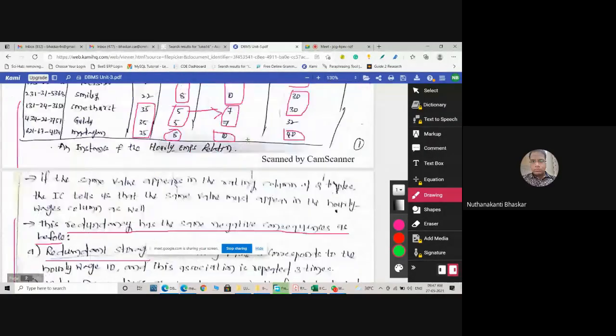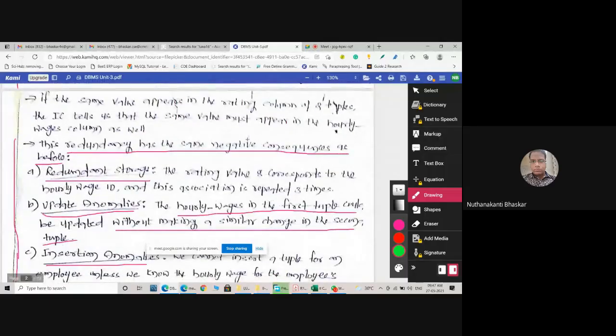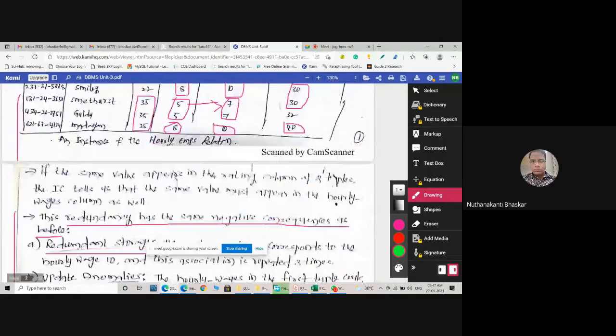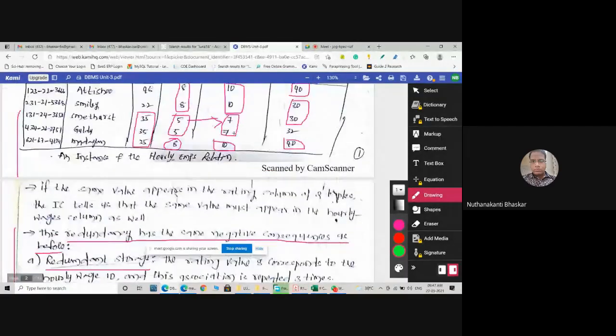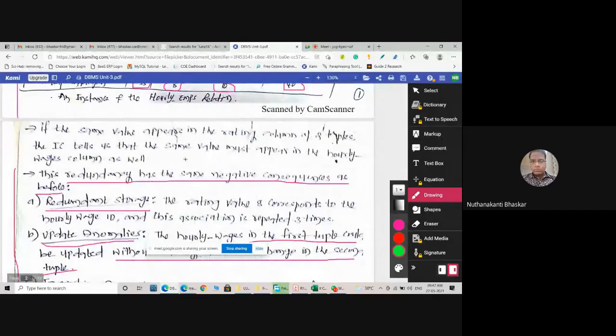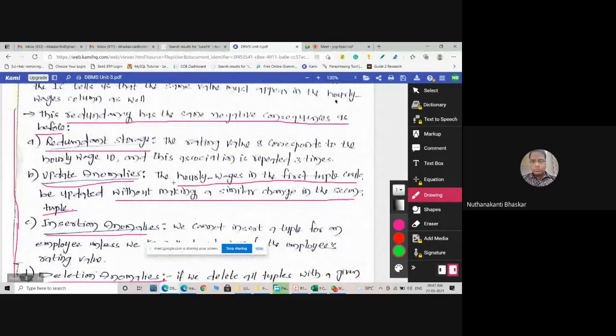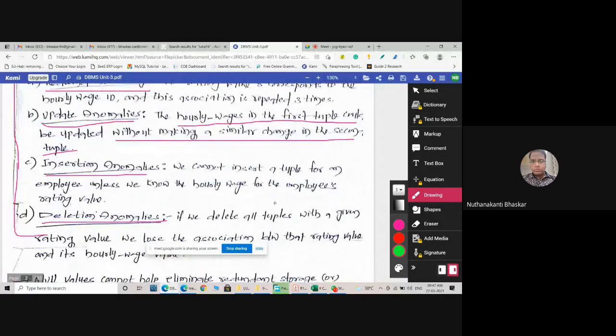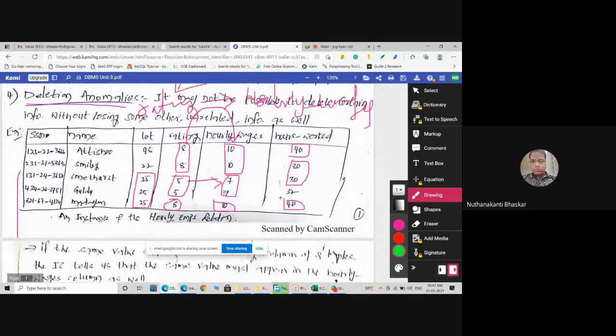Now, if we are not avoiding this redundancy, what problems will come? Redundant storage, update anomaly, insertion anomaly, deletion anomaly. Already I told you the meaning.